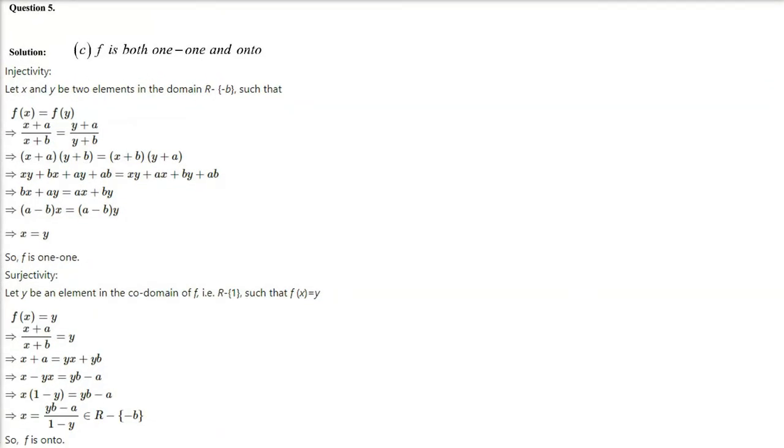Question number 5 we are taking. Let the function f from R minus b to R minus 1 be defined by f(x) equals x plus a by x plus b. Let me write this, because this will be useful. If you see the denominator, you cannot have x as negative b.